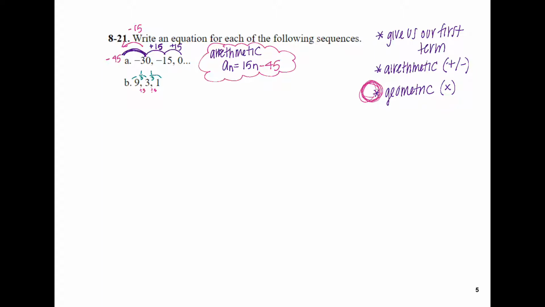So this sequence is geometric, which is similar to an exponential equation. We still used a sub n as our notation. We need to find our 0 term, which in this case would be 27, and we do that using the opposite, so it would have been multiplying by 3. So my initial term is 27. My multiplier is 1/3, and I raise it to the nth power.